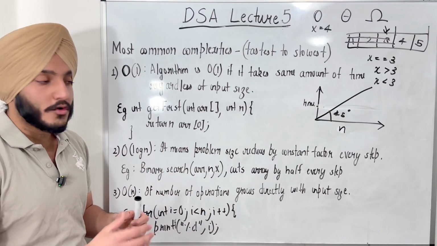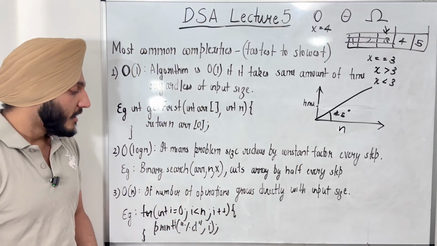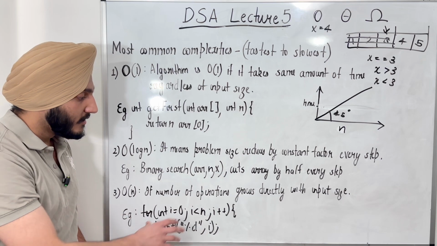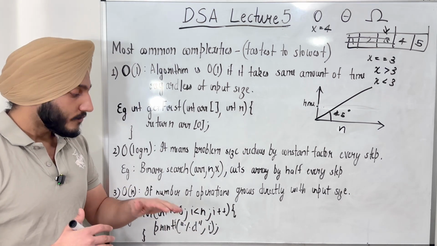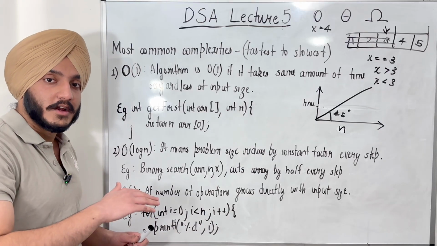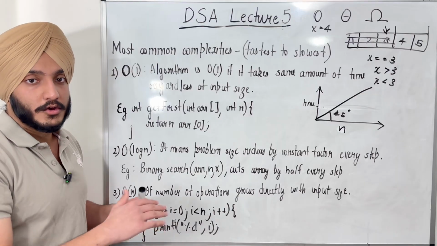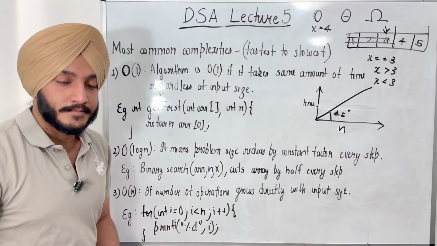It could be half, it could be another constant factor; it doesn't have to be half in general. And the third one is order of n: the number of operations grows directly with the input size. This is one of the examples I've given. It's just going to go direct. It is basically directly proportional to the input size. Now let's look at the other ones we have.